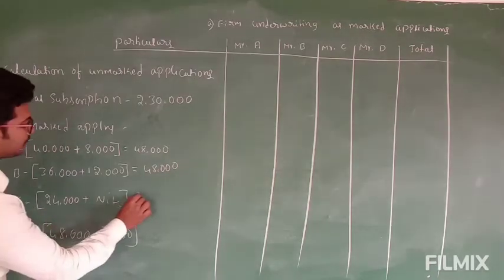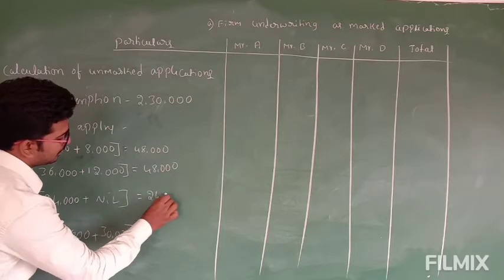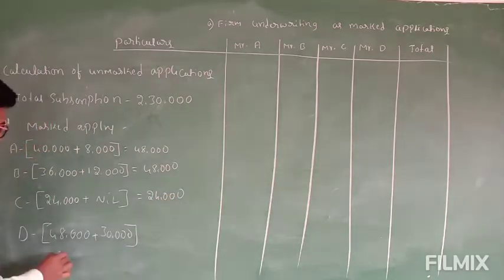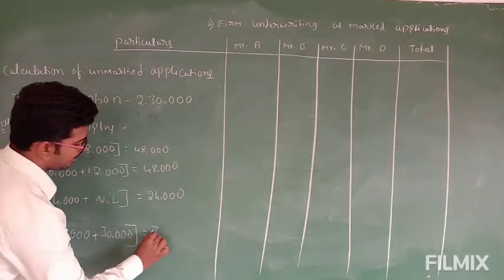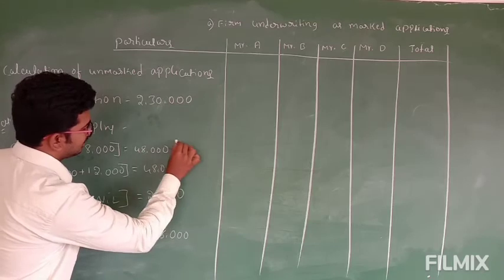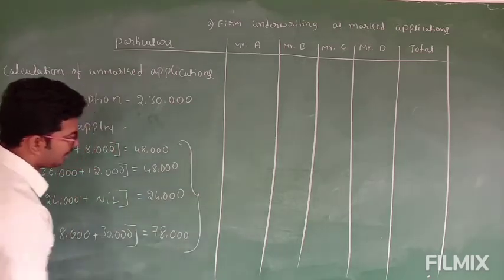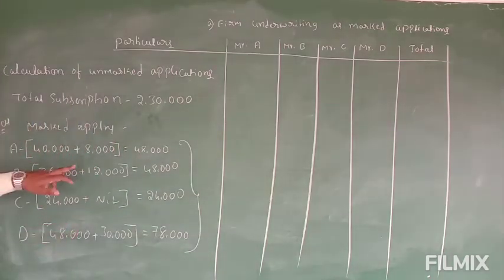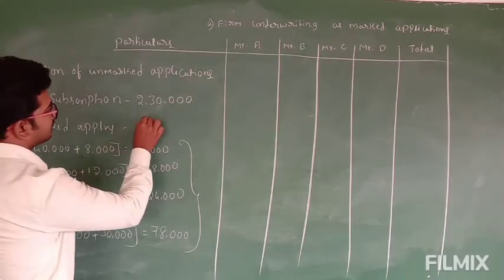And 24,000 plus nil is 24,000, and 48,000 plus 30,000, 78,000. So add all this, because firm underwriting is treated as marked applications. So by adding all this, we will get 1,98,000.